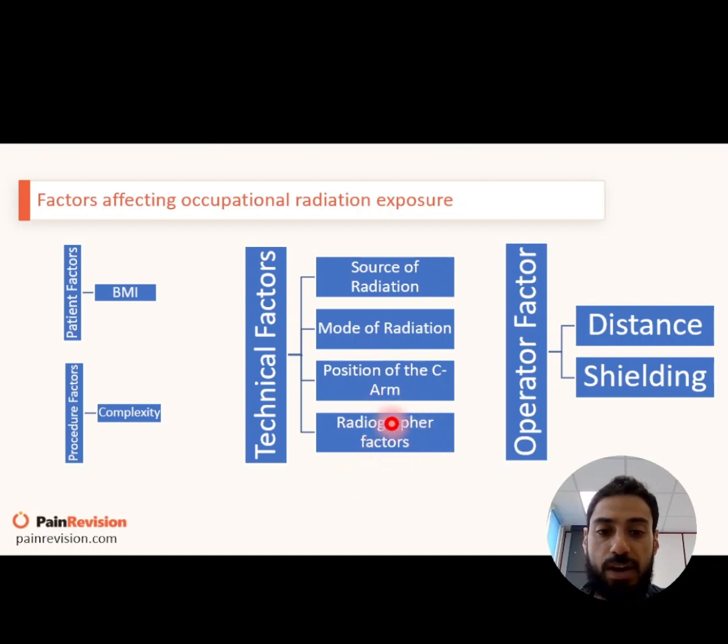And then you have radiographer factors. And that just means what your radiographer is doing. So your radiographer will, at certain points, increase or decrease the exposure. You will ask the radiographer to get in a certain position, so craniocaudal or oblique, to try and get the best image.